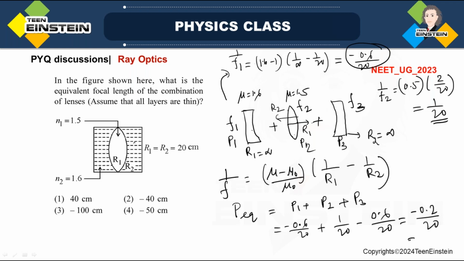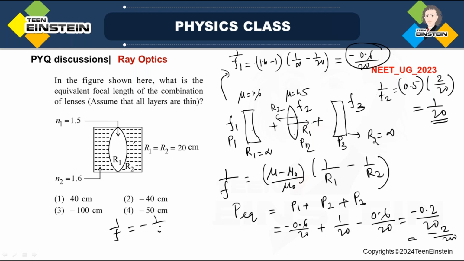That means this is minus 2 by 200, which is 1 over focal length. The equivalent focal length will be minus 1 over 100. That means focal length will be minus 100 centimeter.